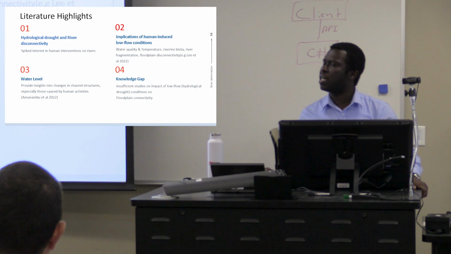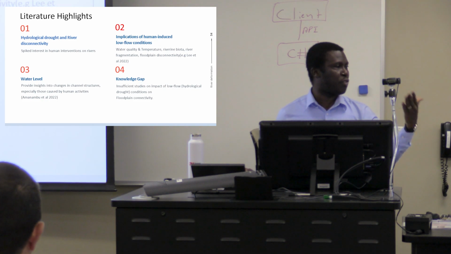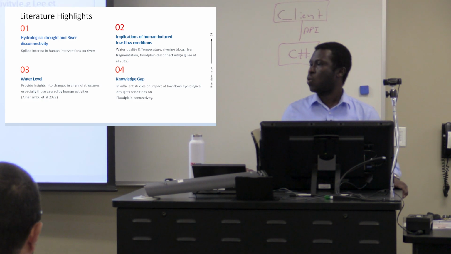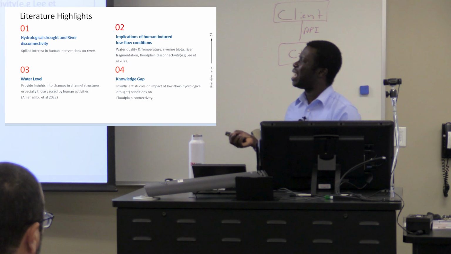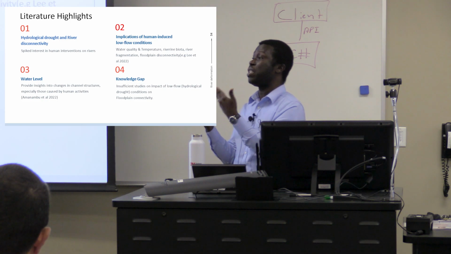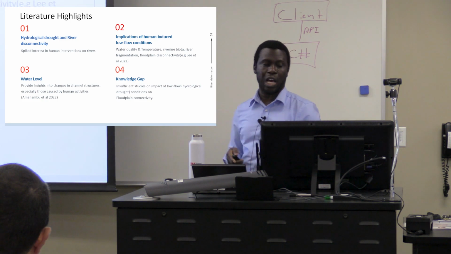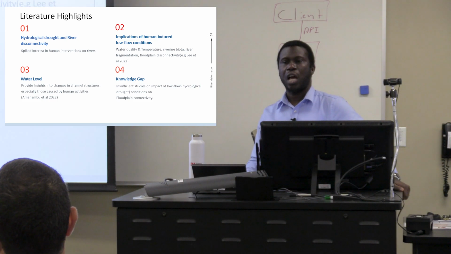So the question is, do we need to include management decisions when we are defining hydrological drought? How then do we include stage height or this management decision? One of those ways is to include water level when assessing hydrological drought.